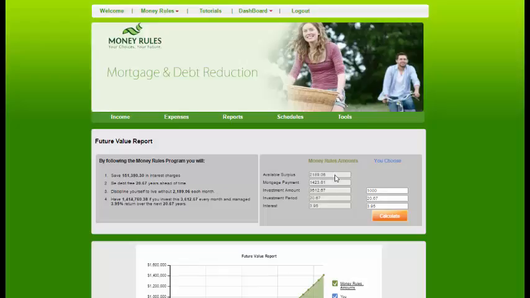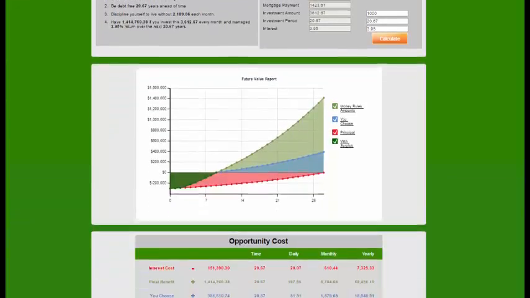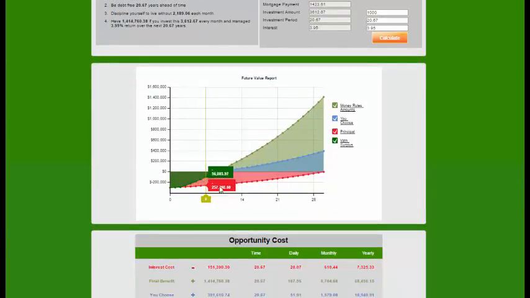Here's the available surplus. Here's the mortgage payment. When they're both added together, we're talking about $3,600. They're going to use that same money over the 20 years at the mortgage interest rate of 3.95% as a rate of return. We look at that, you can see that the red section here is the original mortgage term of 30 years, but we've got them out of debt back here in under 10 years when they would have still owed $240,000.